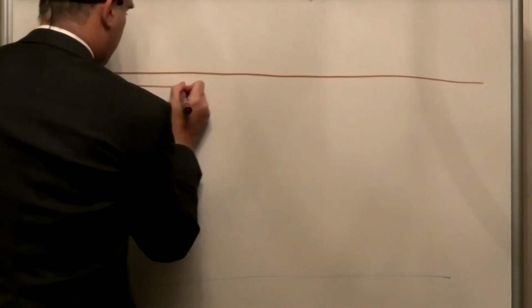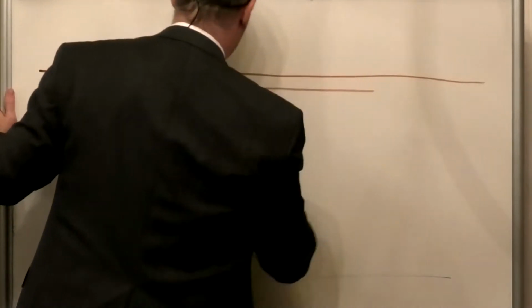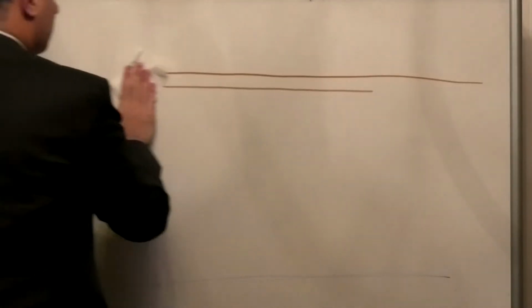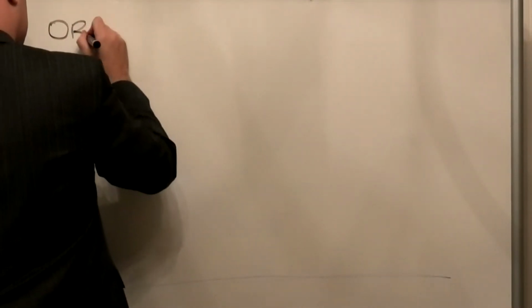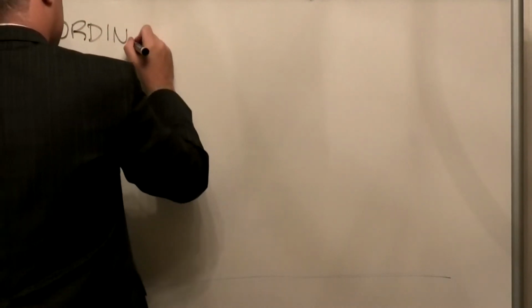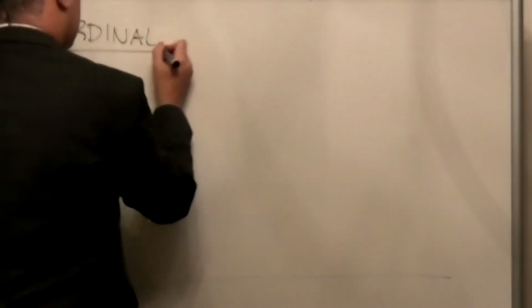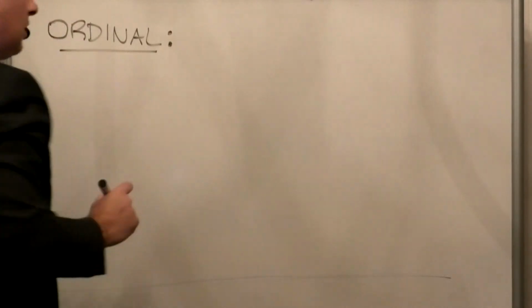We'll draw a ledger line and another. Oh, forget that. I forgot. We have to define something. We have to define the word ordinal. Ordinal. It's like calculus class.